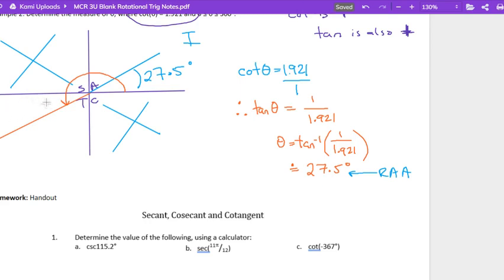How much bigger than 180 degrees? 27.5, right? If this is my RAA, that means this angle is going to be 180 degrees plus 27.5 degrees, and it's approximately 207.5 degrees.